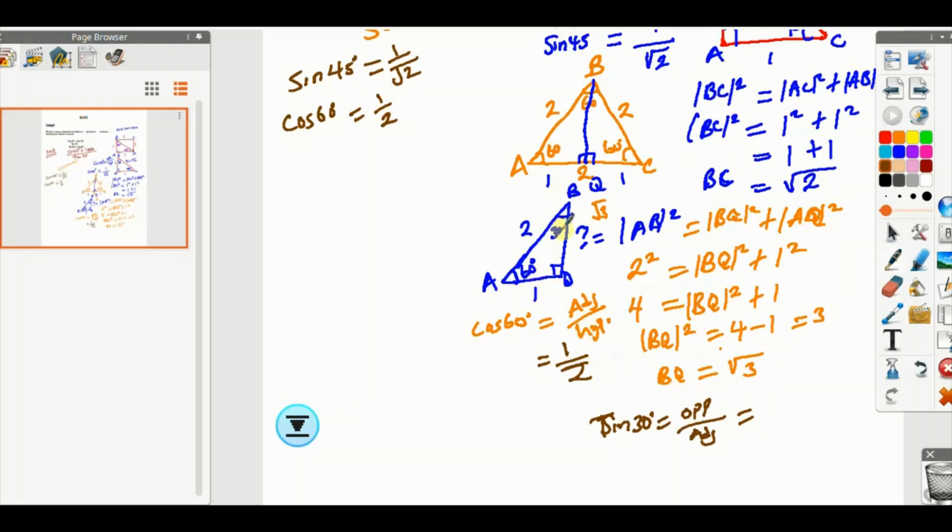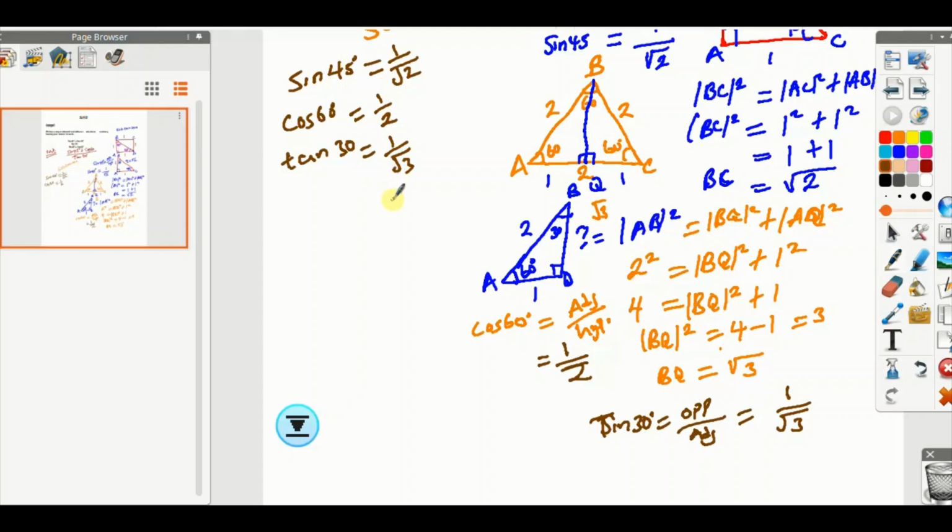I told you that 1 is opposite to this 30, which is 1, and what is the adjacent to this angle? That is square root of 3. Now we have our tan 30 will be equal to 1 over square root of 3. So we derive the trigonometric ratios of the angle sine 45, cos 60, and the tan 30.